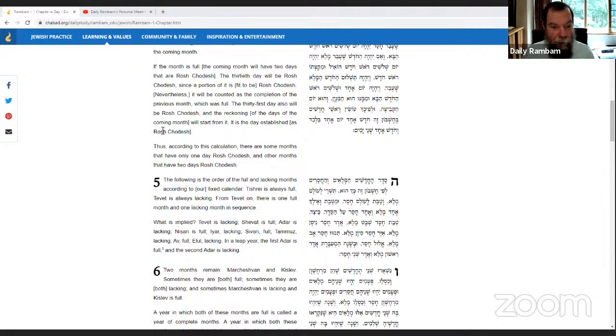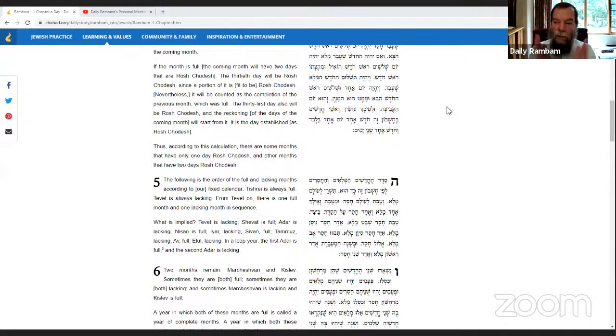It is the day established as Rosh Chodesh. So when you have a month of 30 days, day 30 is still the last day of the previous month, but it's called Rosh Chodesh. It's called the first day of Rosh Chodesh.